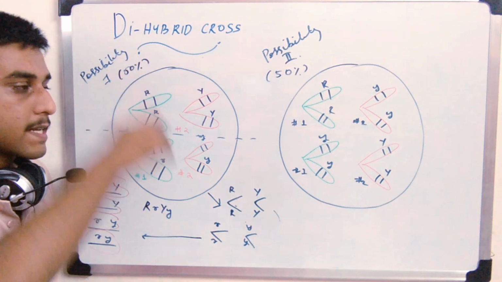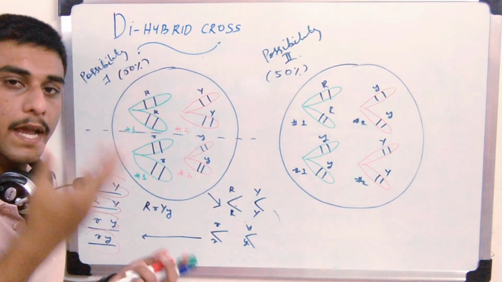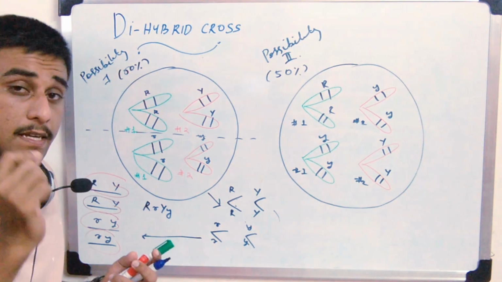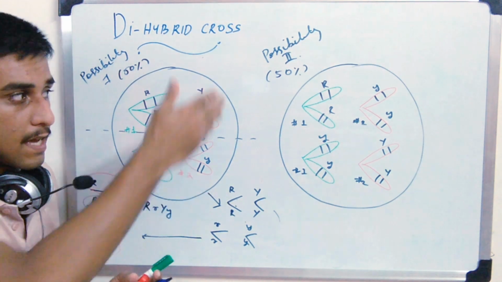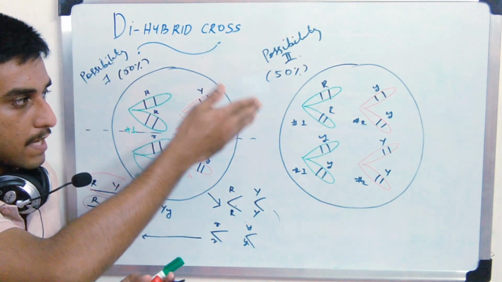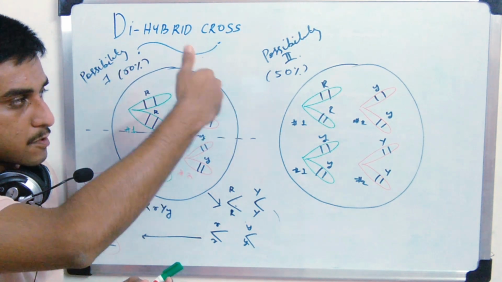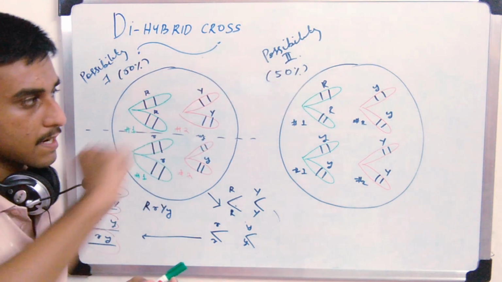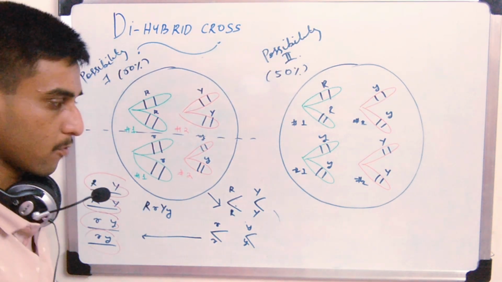So this is the possibility in which the parental combination can be formed, and there is also a 50% chance that if the chromosomes are in this position, which means if the chromosomes are maintained in this condition, then what gametes will be formed?